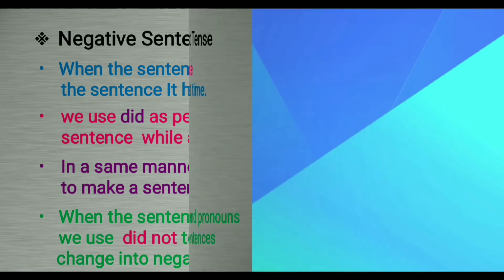So let's move on. Let's see the sentence formation rule of the simple past tense. It is subject. What is the subject? All forms of noun and pronoun are there in a subject, right? Then the past form of the verb.